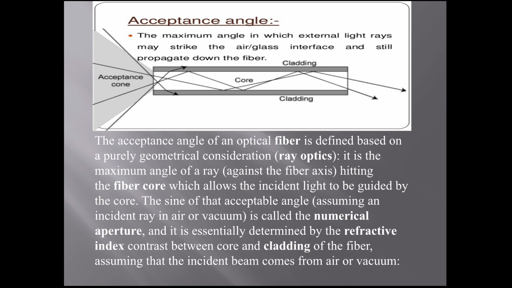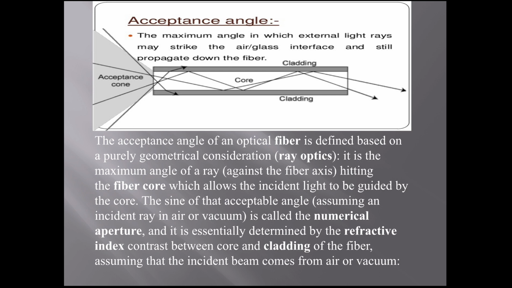The acceptance angle of an optical fiber is defined based on purely geometrical considerations. It is the maximum angle of a ray hitting the fiber core which allows the incident light to be guided by the core.